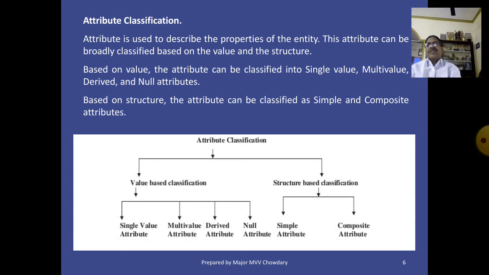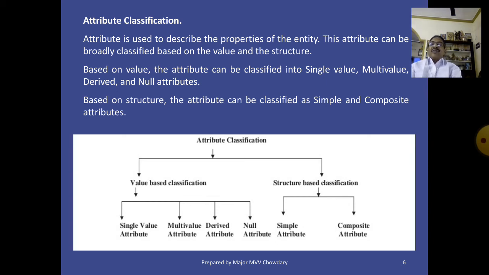Value-based classification is of four types: single value attribute, multi-value attribute, derived attribute, and null attribute.